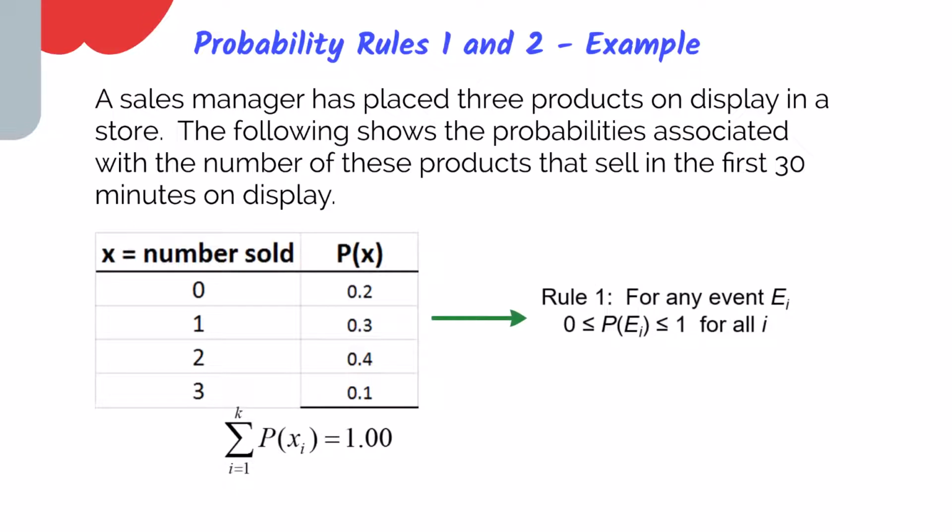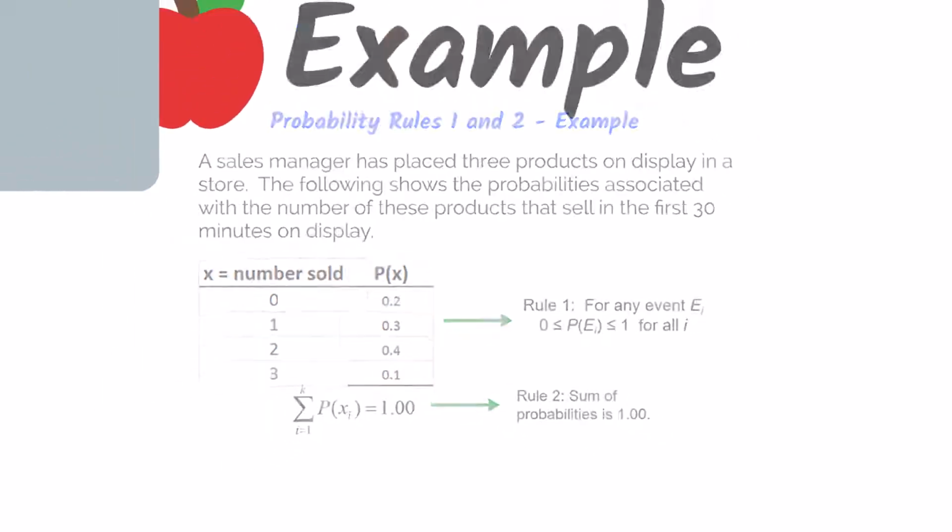So here is rule number 1, in that for any event of interest, our probability of it occurring will be somewhere between 0 and 1. You can see each of our probabilities in the table here are between 0 and 1. Now, according to rule number 2, if we add up all of our probabilities of all the possible outcomes, this should equal 1.